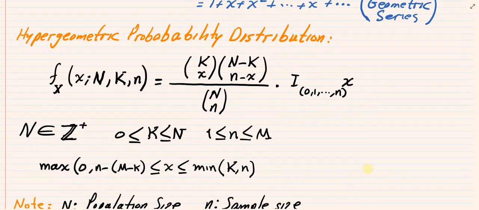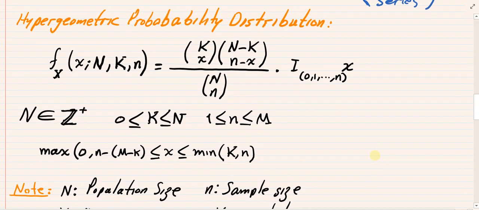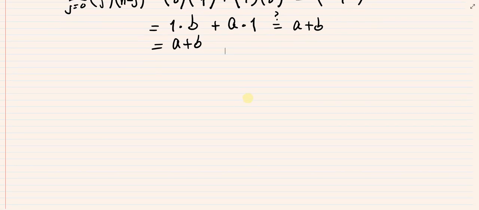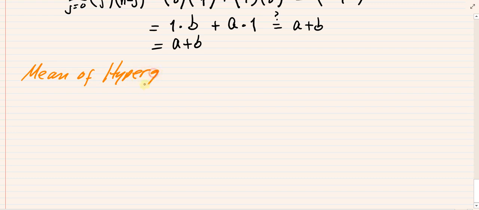I'm using k in here. It doesn't matter as long as we're consistent with our choice of letters. All right, so here we go. We're talking about the mean of the hypergeometric probability distribution, or the mean of random variable x.